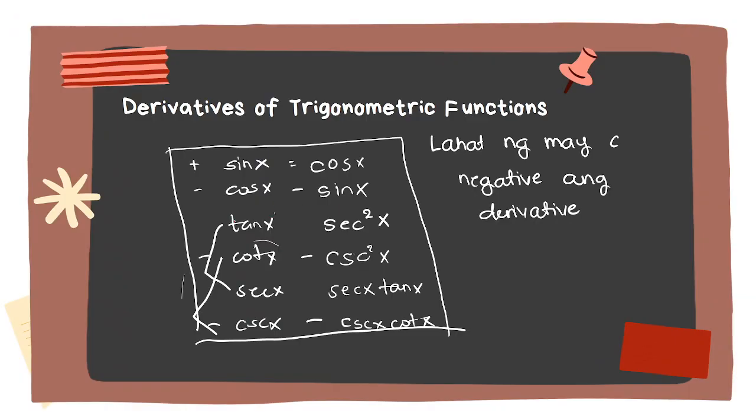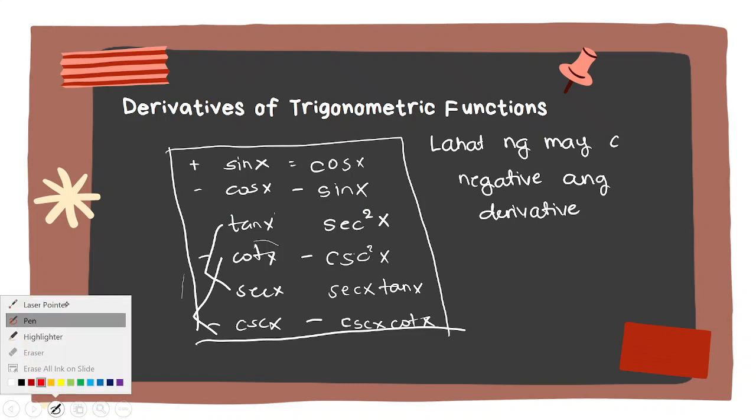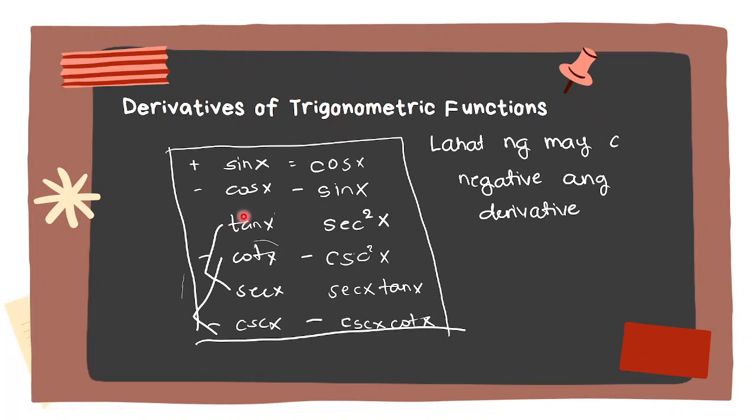Ayan. Tingnan mo, pag ang tan, ang partner niya, si sec. Si cot, ang partner niya ay si cosecant x. So, tandaan mo lang lagi, si tan at si cot, palaging may squared yung kanyang derivative.